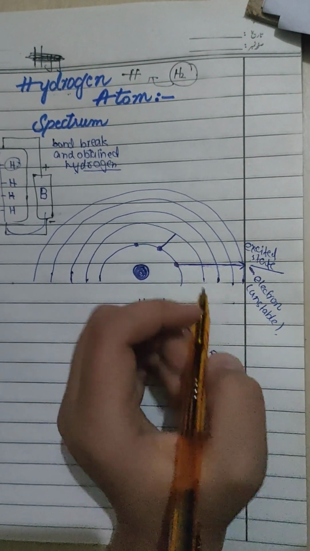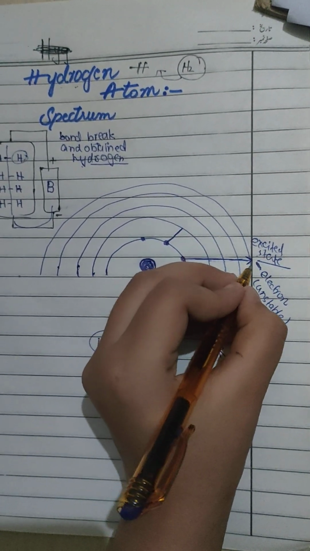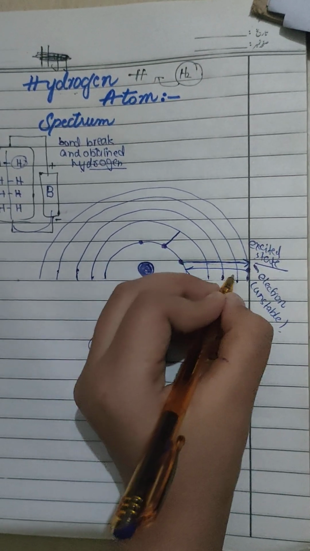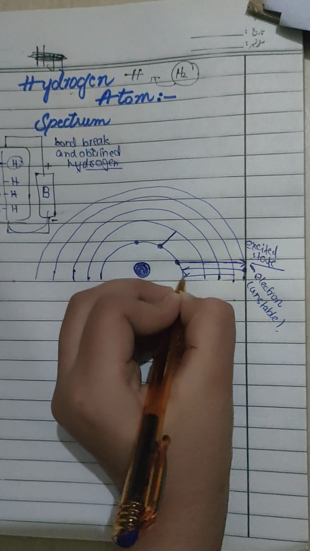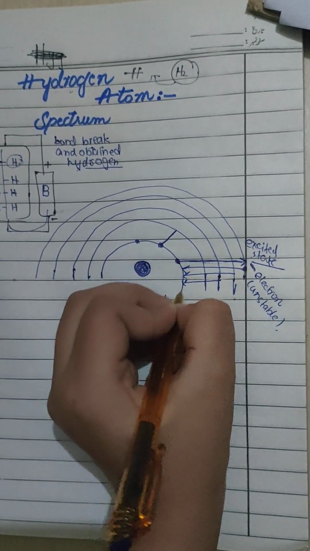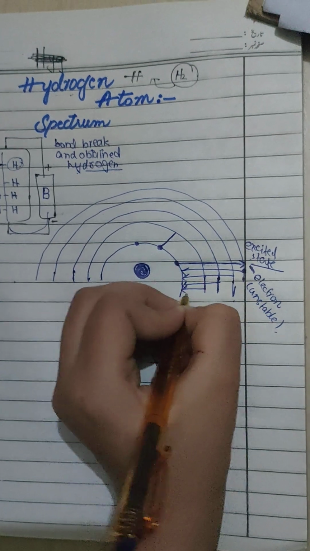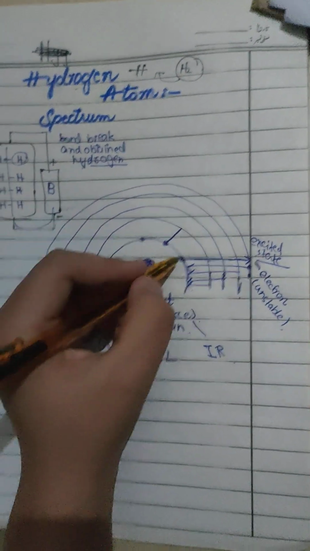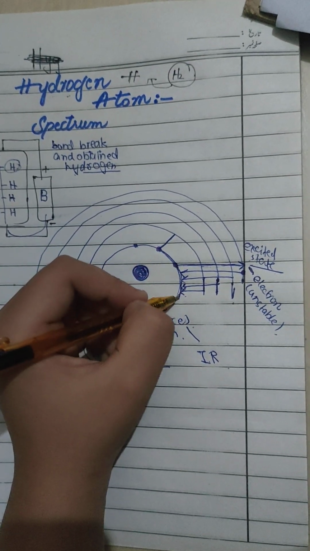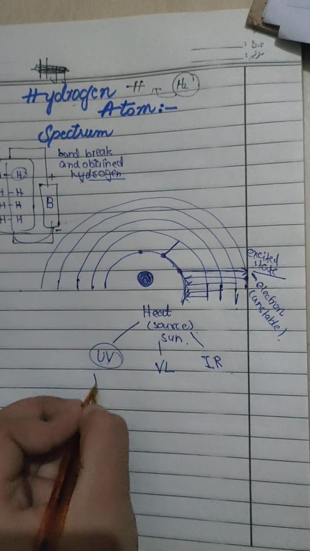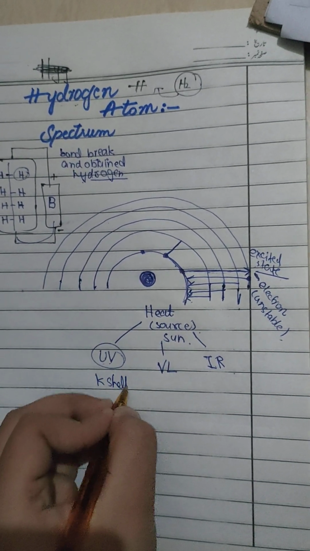Now this electron wants to come down, so it will come down from this shell, from this shell, from this shell. But when we pass the UV rays, this electron will always come down to the K shell. This is the K shell, as we know. Okay, so K shell. Fine.